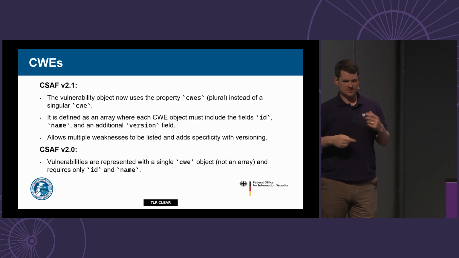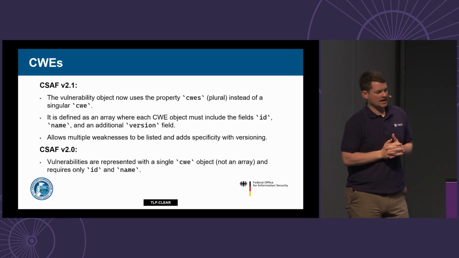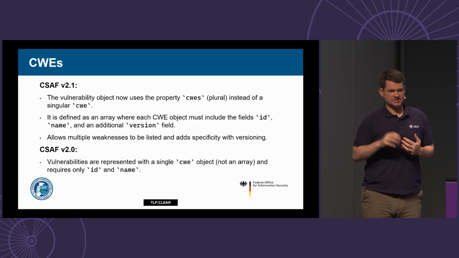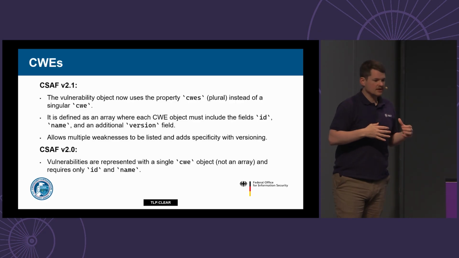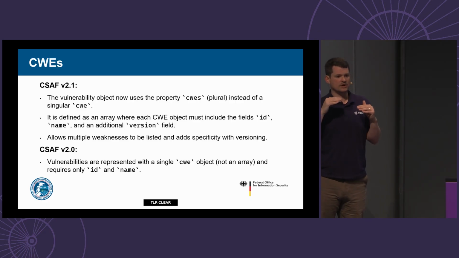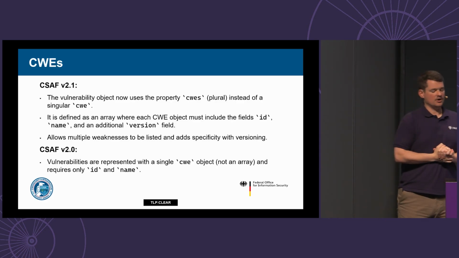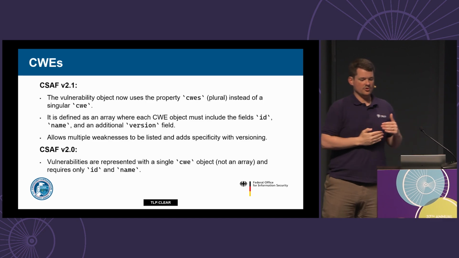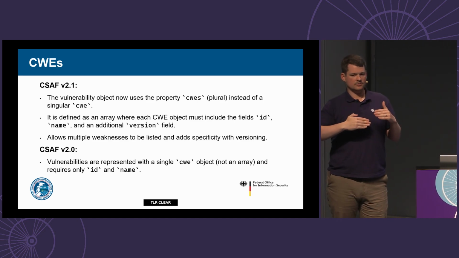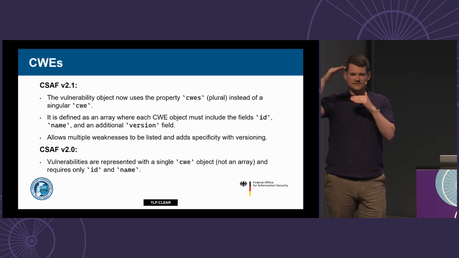The CWE list is always changing. Maybe a specific CWE that you're referencing in your advisory has been deprecated, so you want to make sure that we know which list you're referencing for validation purposes. So we provided the ability to do that. Also, with listing multiple CWEs, the standard specifies that you need to do that in order of most relevant to least relevant.